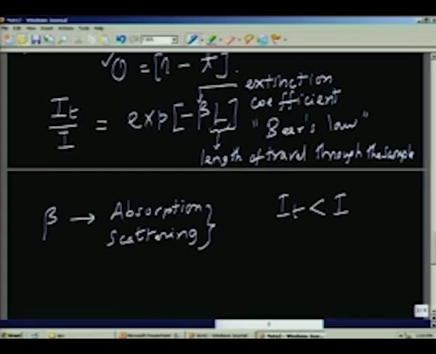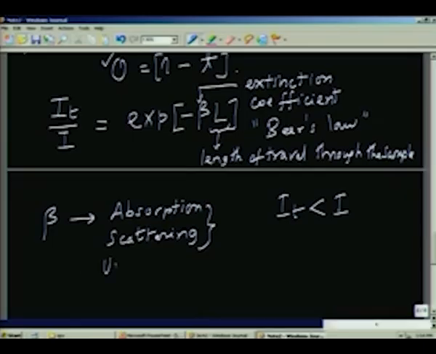So, beta times L. You can see e to the power of minus beta L. The extinction coefficient must be 1 over length in unit, because I cannot take an exponential of a dimensional quantity. Therefore, beta has units of meter to the power of minus 1. L is in meters, beta is in meter inverse.